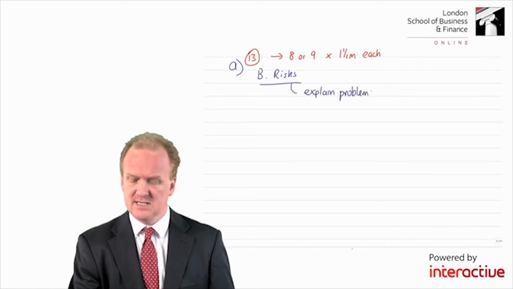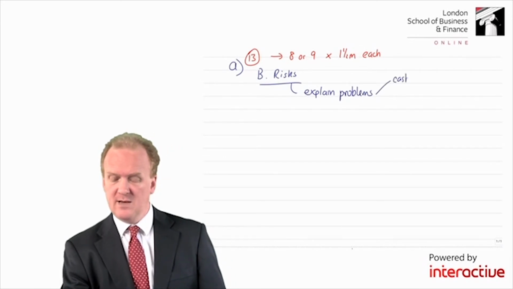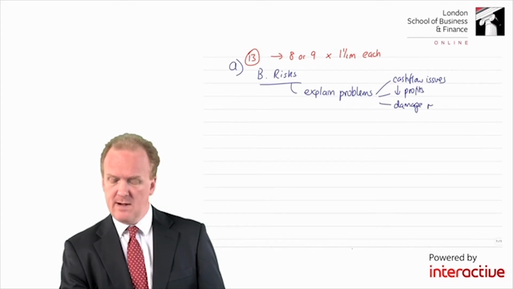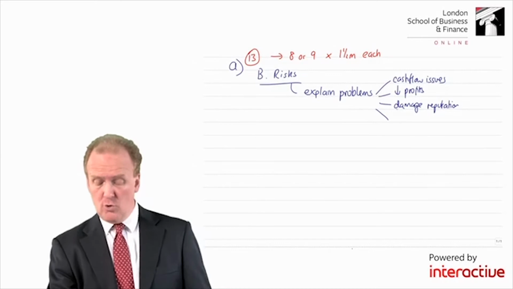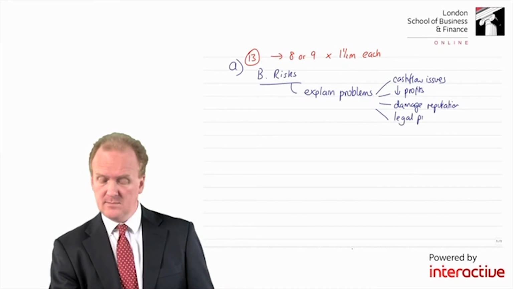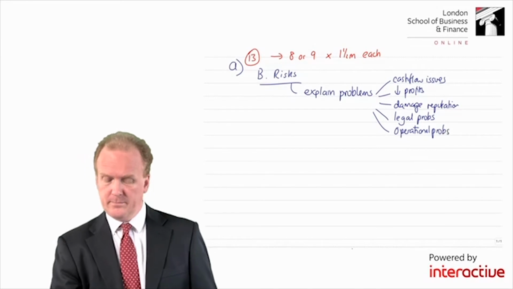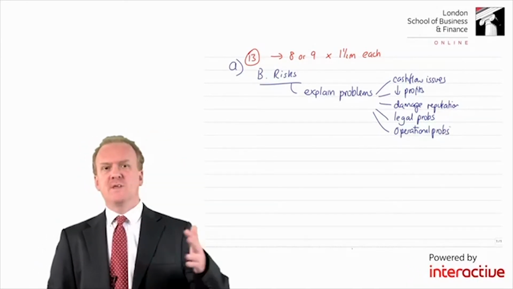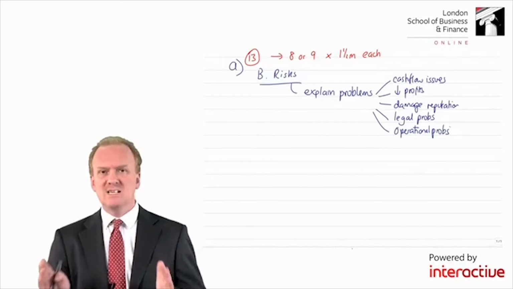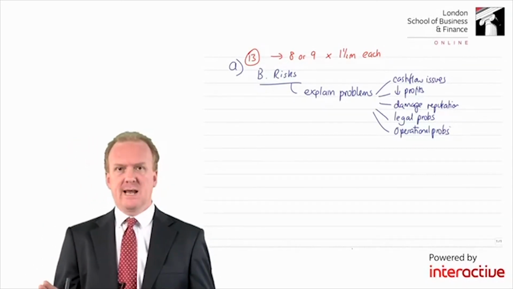And that is going to be things like anything which could cause them cash flow issues, anything that could reduce their profits, anything that could damage their reputation, anything that could cause them legal problems, operational problems. So it's all in terms of the company. That's the thing we're meant to be thinking about and explaining.